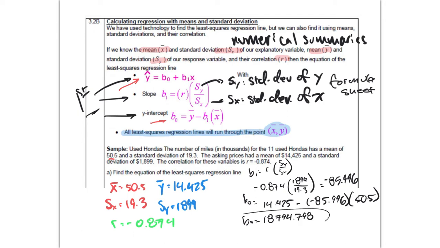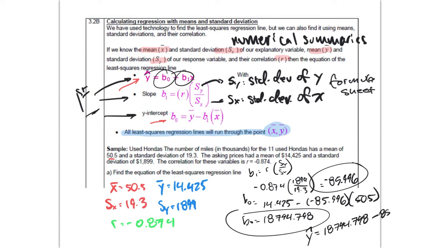So we have two of our values so far, and that's all we need. We're looking for b naught and b1. So now we have y hat equals 18,794.798 minus 85.996x. And this is our equation for the least squares regression line.